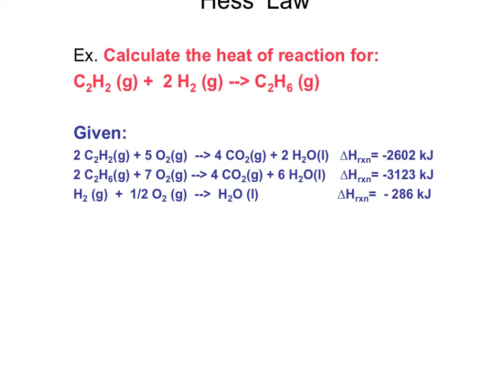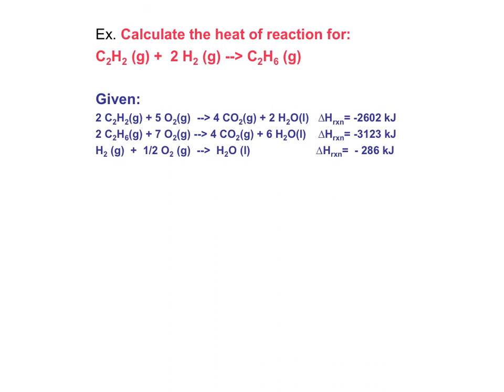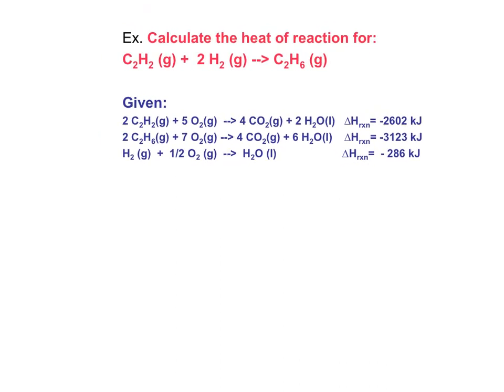All right, and then we're going to use the same technique where we line things up first. That's my strategy here. So let's think about that. Since you have C2H2 on the left, we're going to keep it on the left in this first reaction. Then you have C2H6 on the right-hand side. So the second one, we're going to flip and put the C2H6 on the right-hand side.